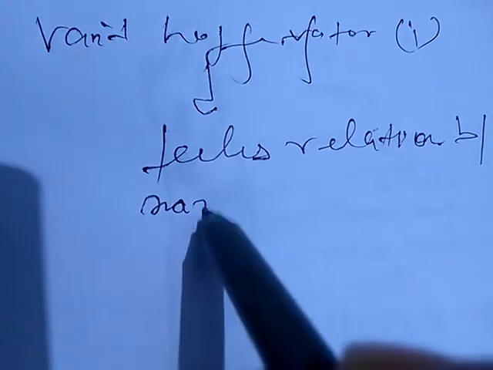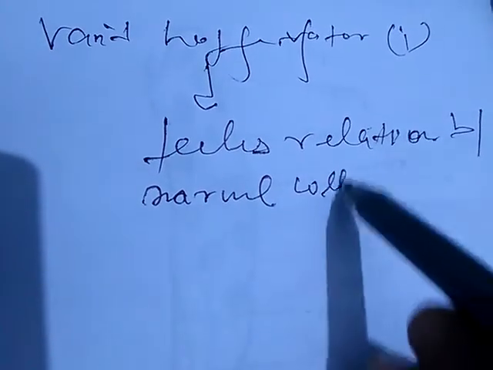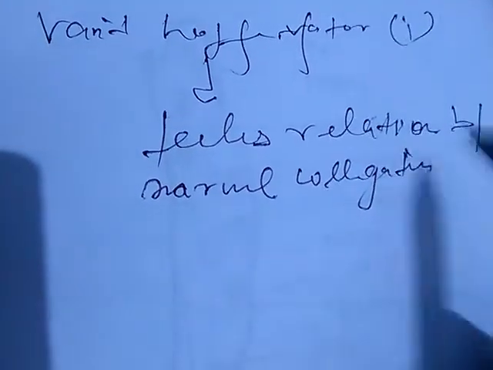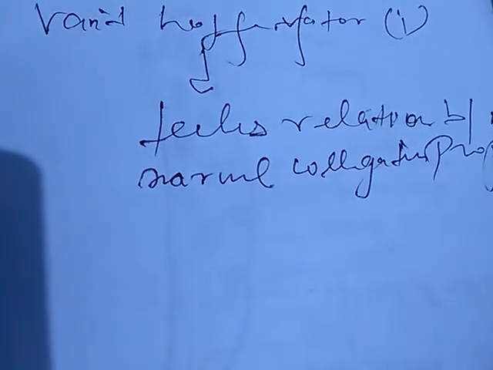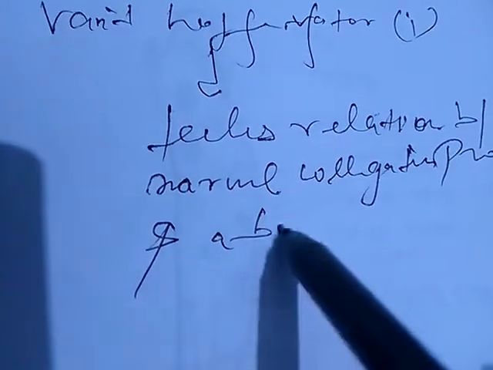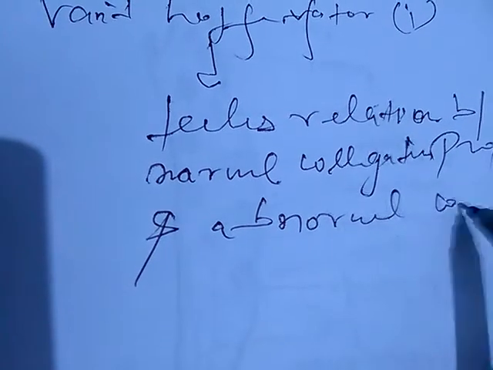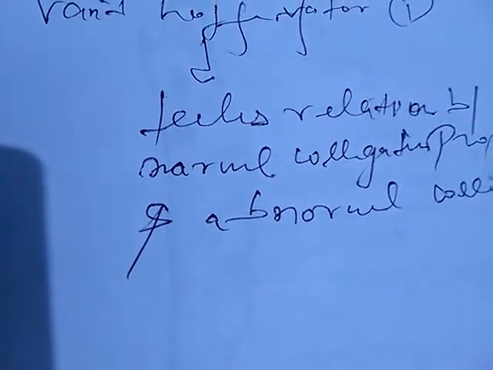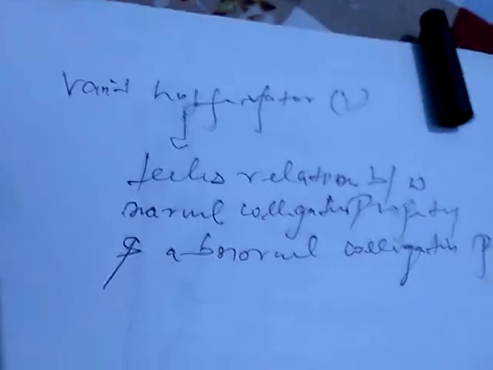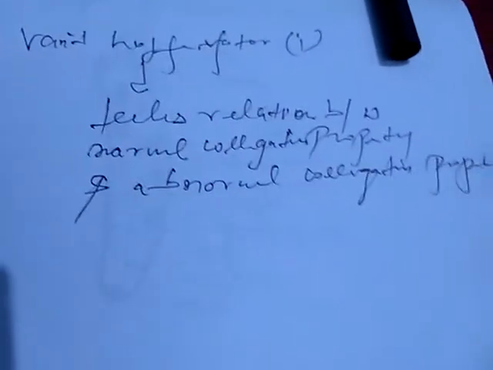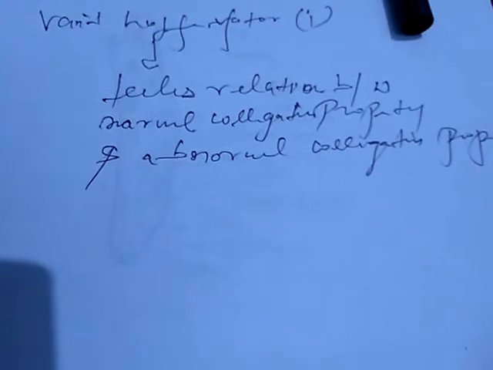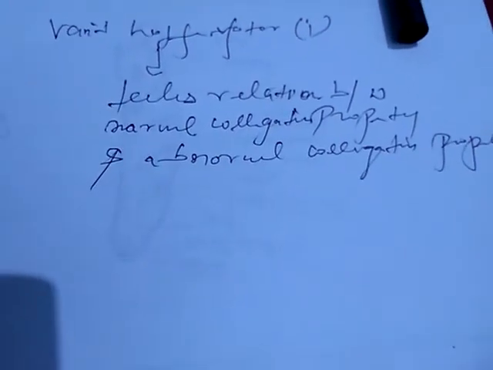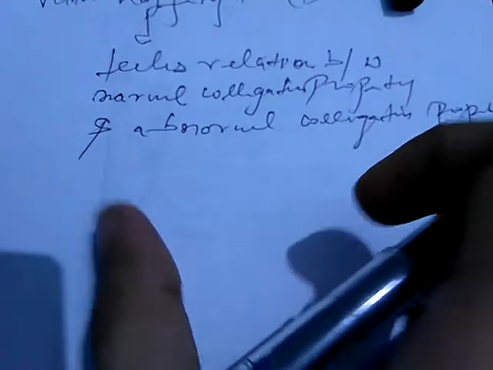So we have to remember this one term, the Van 't Hoff factor. It tells about the relation between the normal colligative property and the abnormal colligative property.